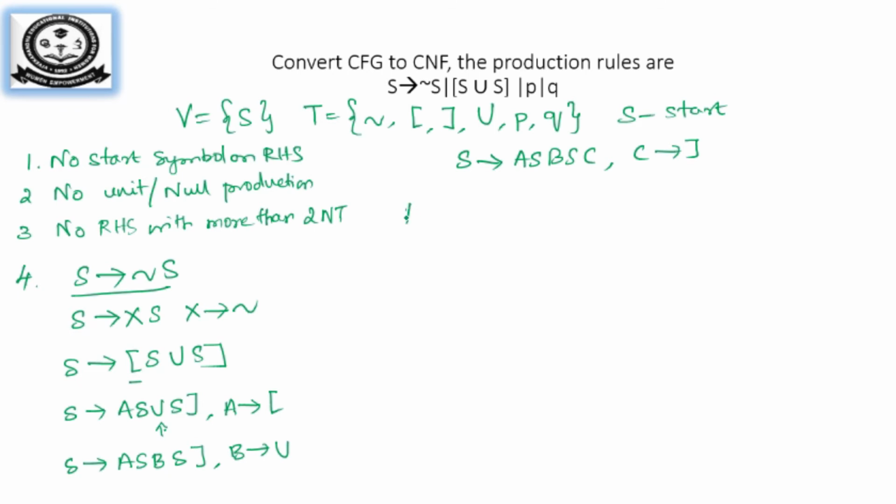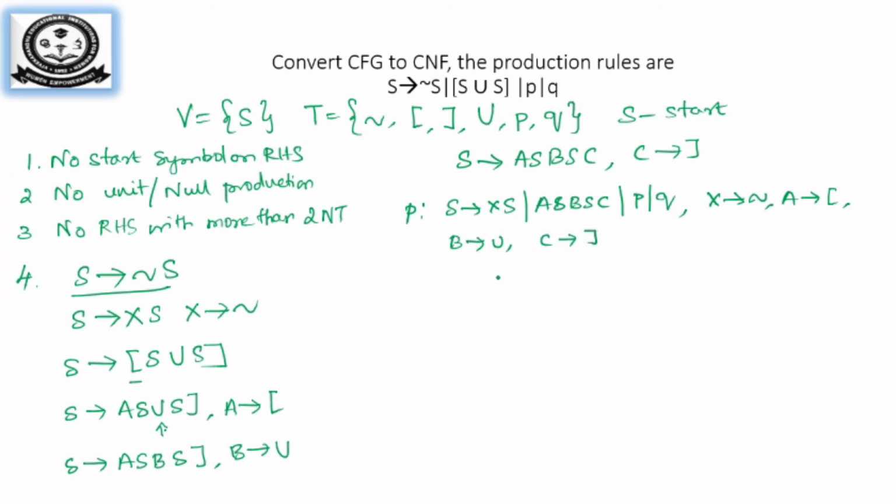Now we will write our production rule. So S tends to X S, or A S B S C, or P, or Q. Then what are the other rules we have? X tends to the symbol, A tends to the square bracket, B tends to union symbol, and C tends to square bracket.